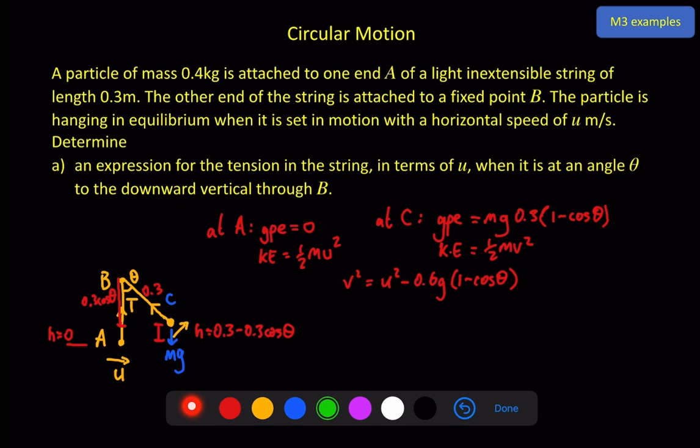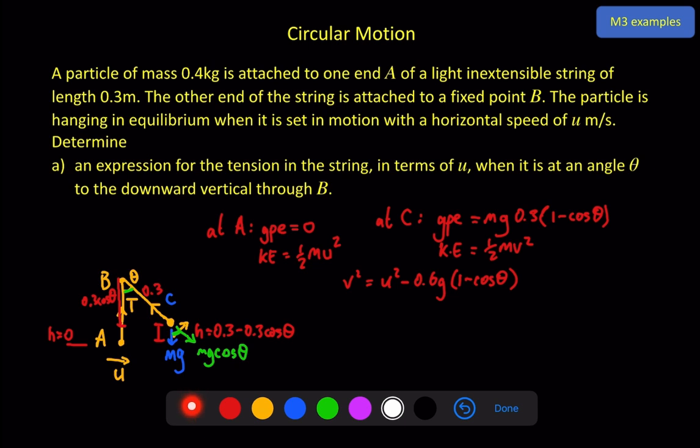If I resolve the weight in this direction, I get mg cos theta, because this angle here is the same as this one here. And I'm resolving in that direction because this is the direction of our acceleration to provide circular motion. And again, the T must be greater than this because we've got that acceleration.